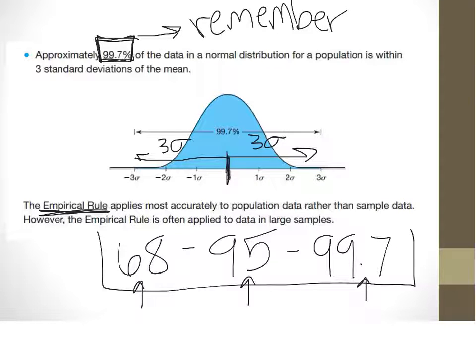And real quick, just to summarize this last little line down here, the empirical rule applies most accurately to population data, mostly because the population is really big. So what we'll do is hope to take large enough samples of the population so that we can apply it to the population.